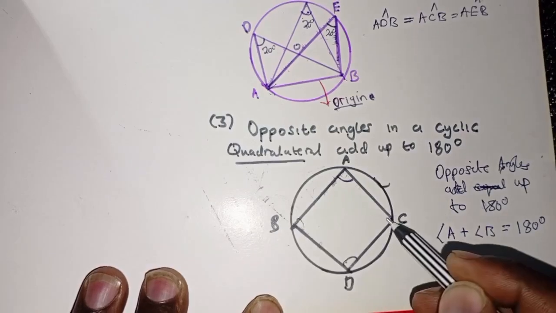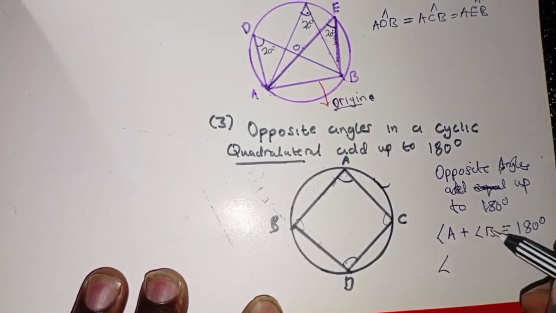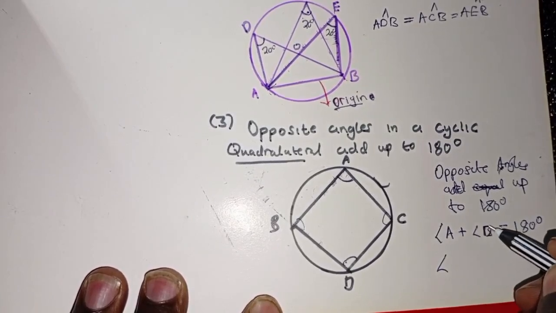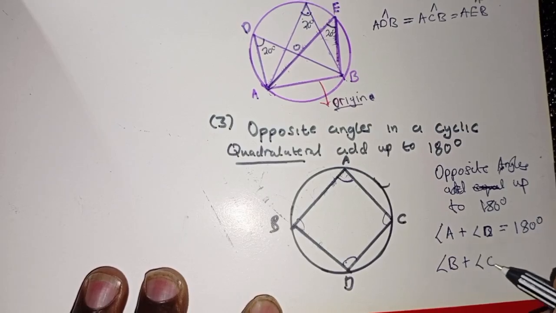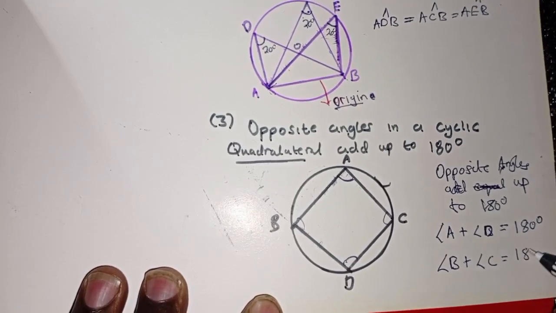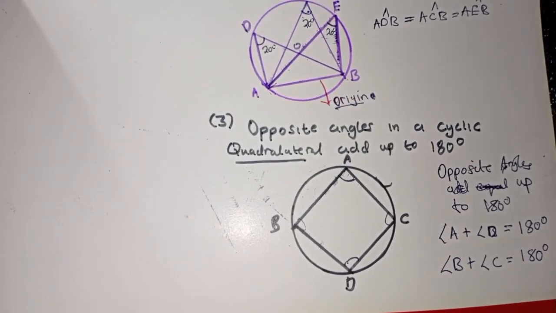Also, these are facing each other, angle A and D. So angle B plus angle C also add up to 180 degrees. That is the property this one is talking about.